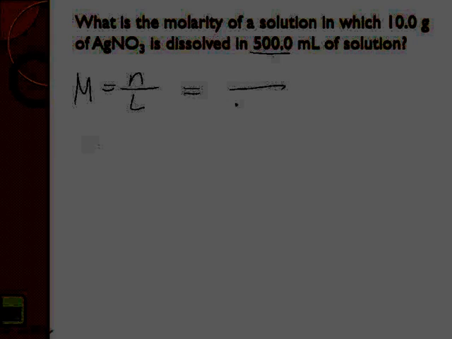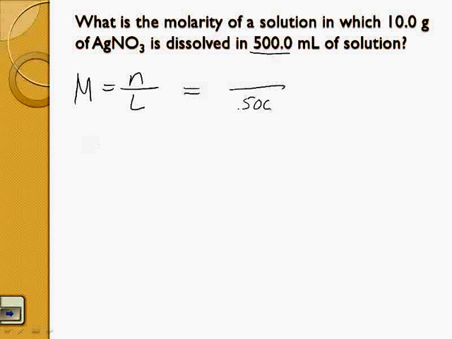Alright, here we want to know the molarity of a solution in which 10 grams of silver nitrate are dissolved in 500 milliliters of solution. Alright, we can write the formula again. Molarity is moles over liters. I know that I've got 500 milliliters and there's 1,000 milliliters in a liter, so that's going to be a 0.500 liters.